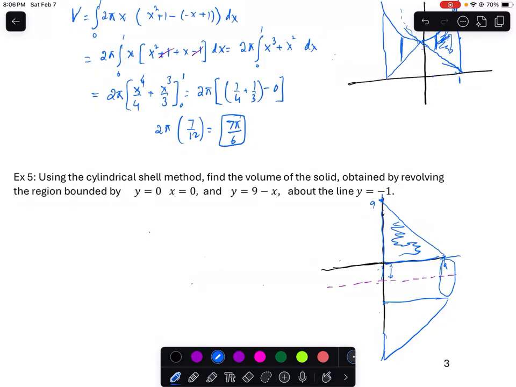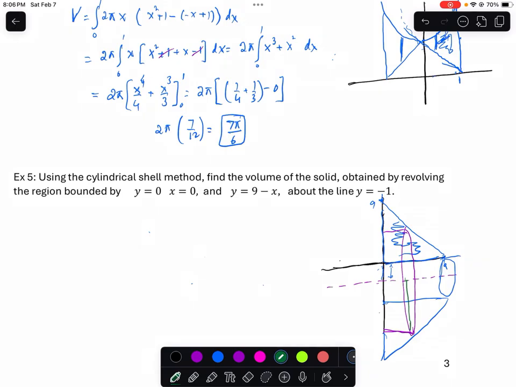So how will a typical cylinder look like in here? So the radius is now, remember radius we always measure it from the axis of rotation. So it will be measured from this to this.